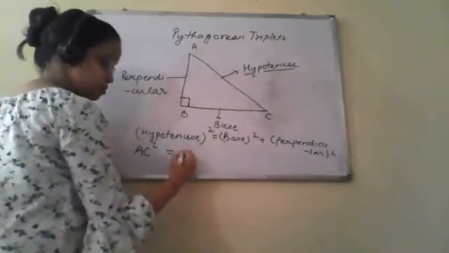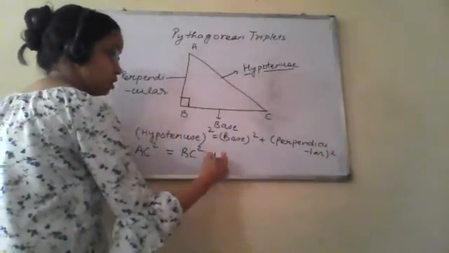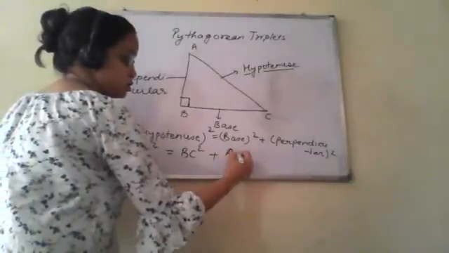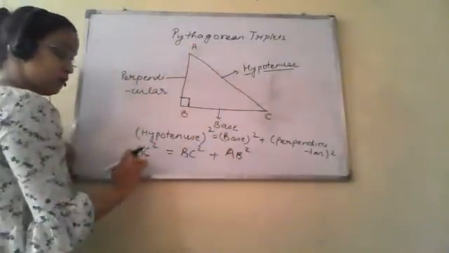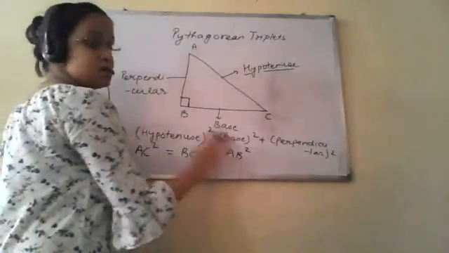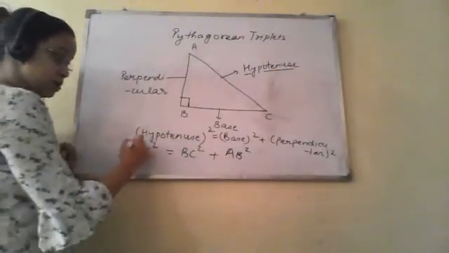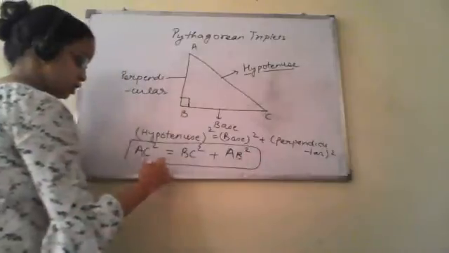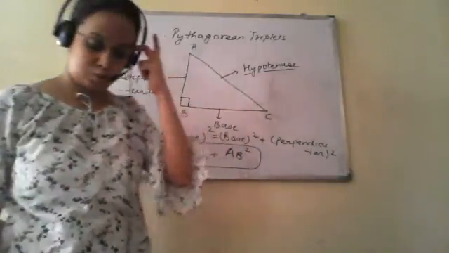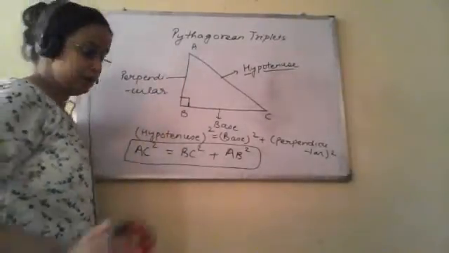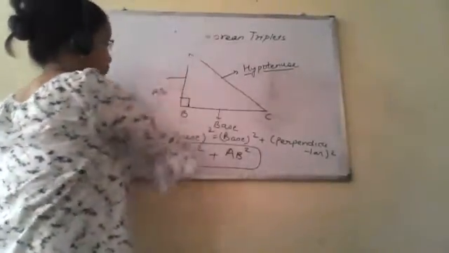This base is BC square and this perpendicular is AB square. So in right angle triangle ABC, we have AC square equals BC square plus AB square. This particular statement we are going to use in calculating these triplets. So this much you have to keep in mind.